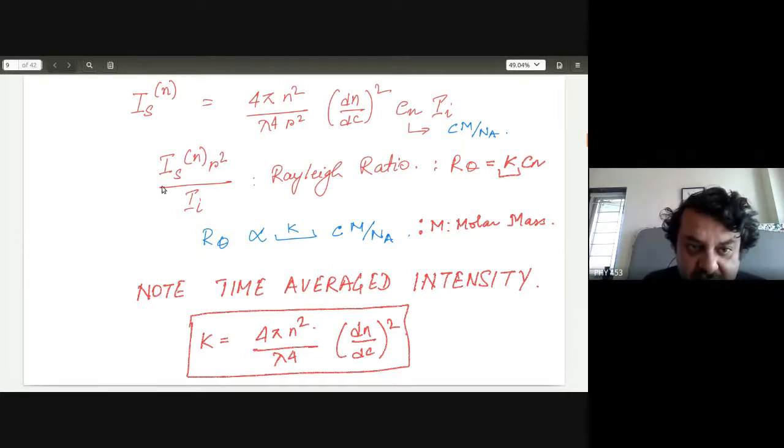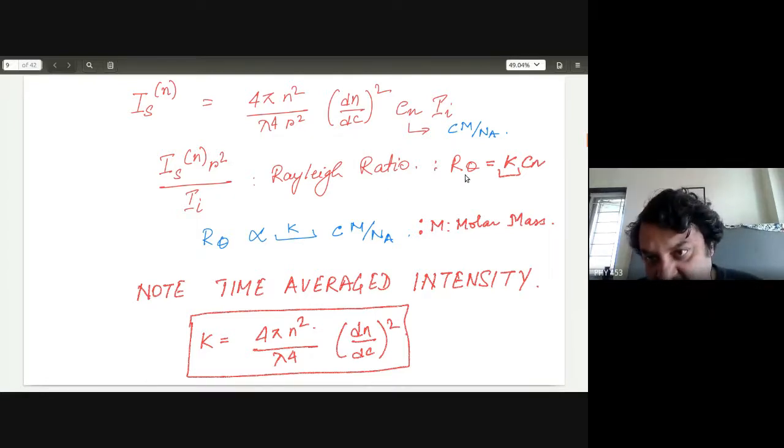if you write it like this, you call it the Rayleigh ratio and represent it by R theta, which in turn depends upon some constant kappa, which is like 4 pi n squared over lambda to the power 4 times dn/dc, into Cn.